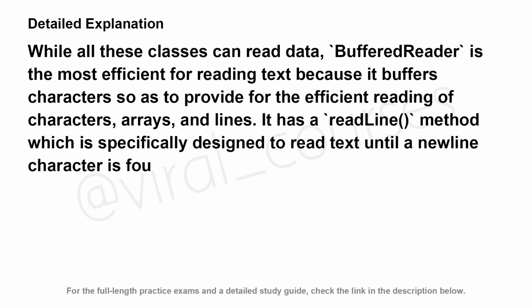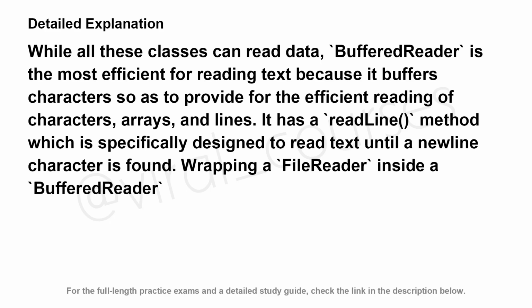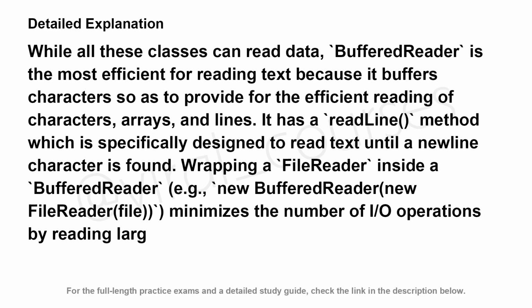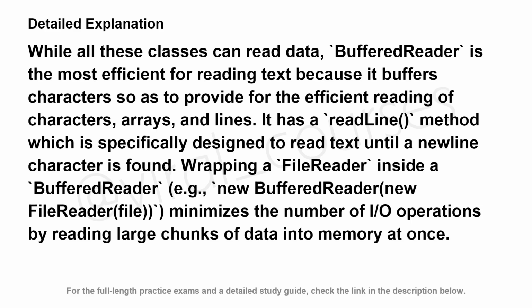Wrapping a FileReader inside a buffered reader, e.g. new buffered reader, new FileReader, file, minimizes the number of I/O operations by reading large chunks of data into memory at once.